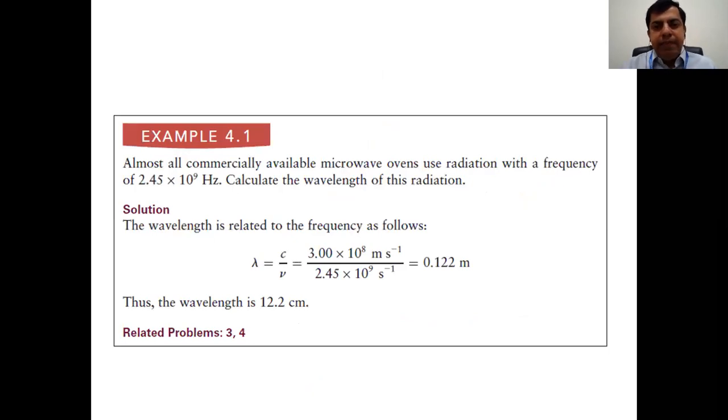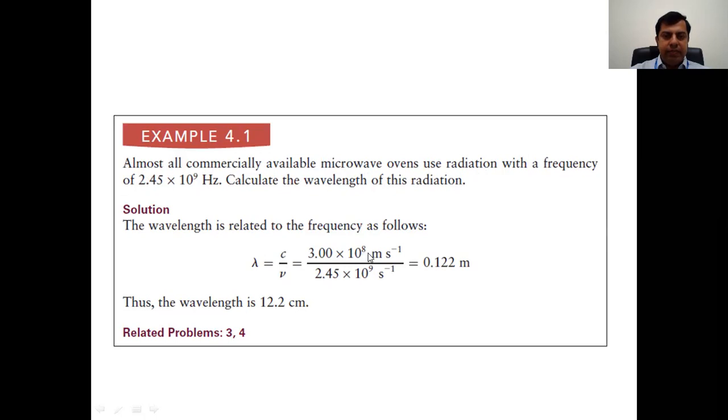Here is an example to calculate the wavelength or the frequency or the speed of light. You can use this formula. Almost all commercially available microwave ovens use radiation with a frequency of 2.45 times 10^9 hertz. Calculate the wavelength of this radiation. You can just put the values in this formula.